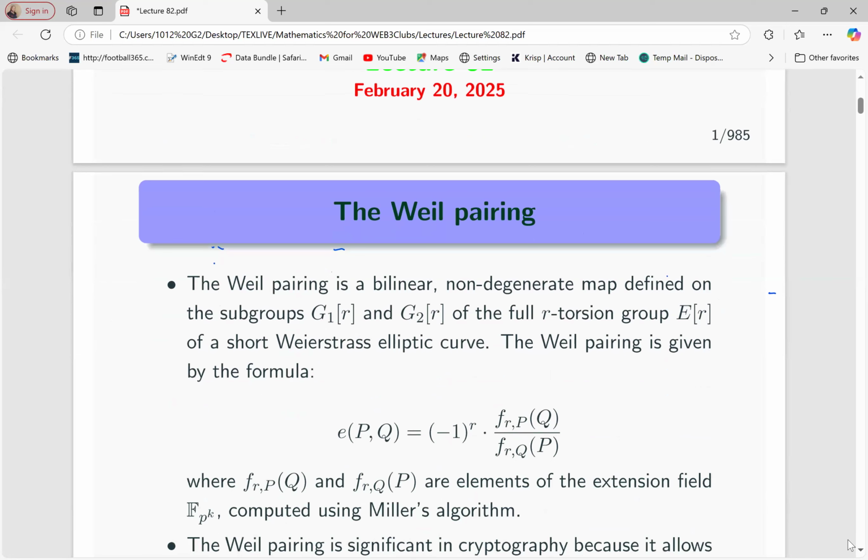So therefore, what is Weil pairing? Of course, we had already defined the pairing, and we had said that it's supposed to be a bilinear, non-degenerate map. Bilinear means that it fulfills some conditions: given P and Q, the pairing of the sum goes to this.